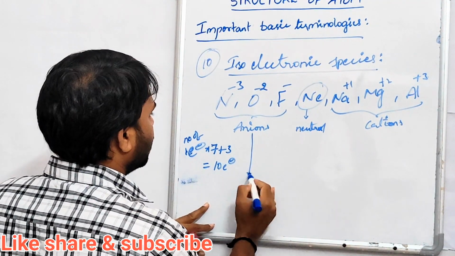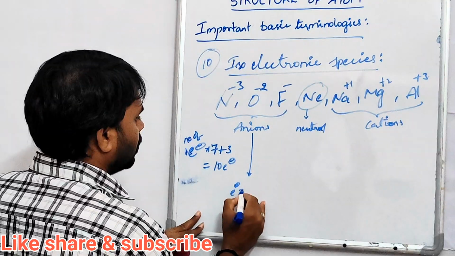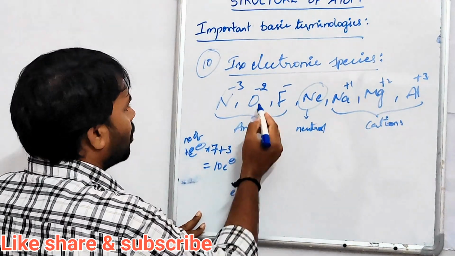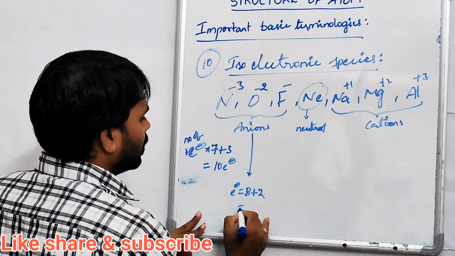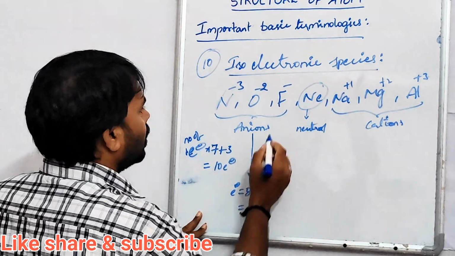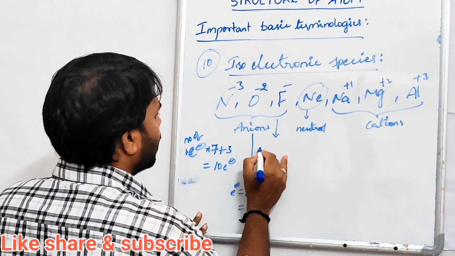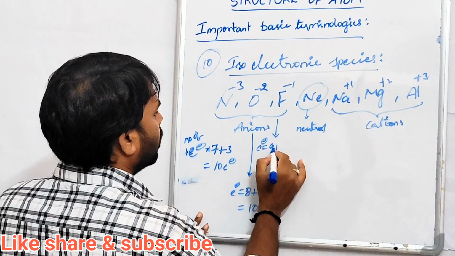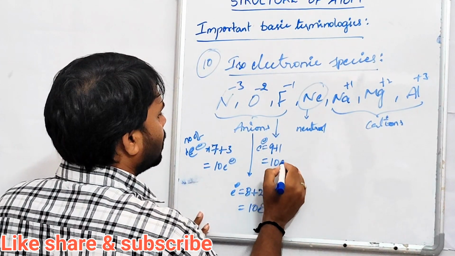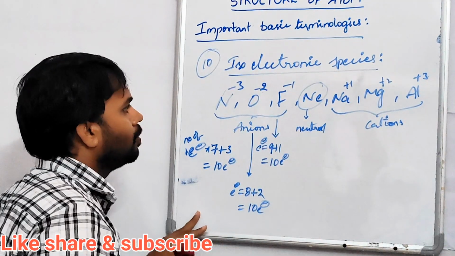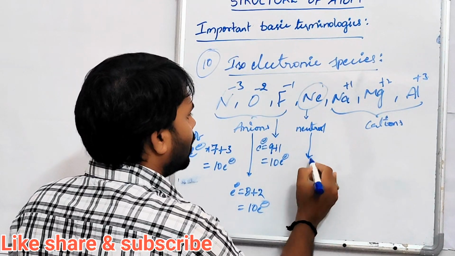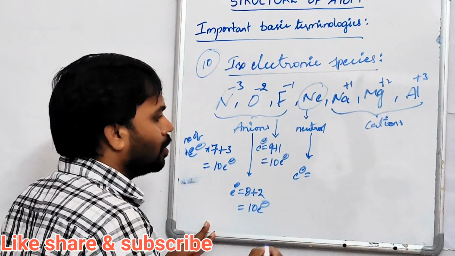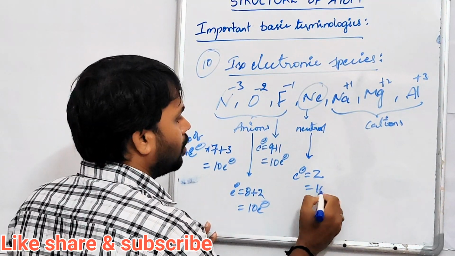In the case of oxygen, atomic number is 8 plus number of electrons gained 2, the sum of these two, 10 electrons. In the case of fluorine, atomic number is 9, electrons gained 1, total number of electrons is 10. In the case of neon, this is a neutral atom, so the number of electrons equals the atomic number, that equals 10.